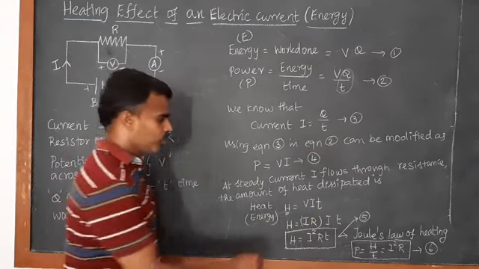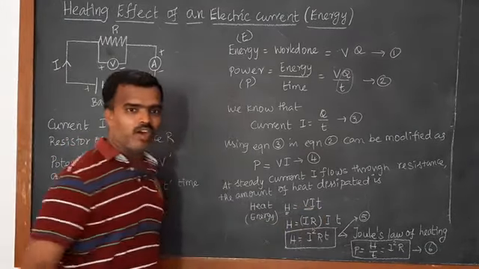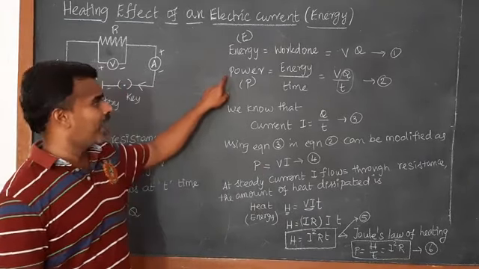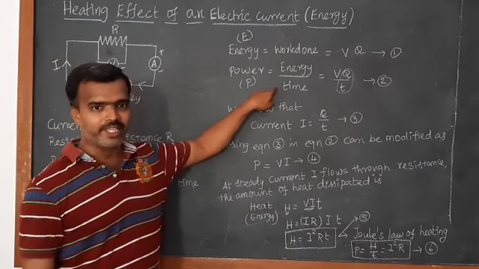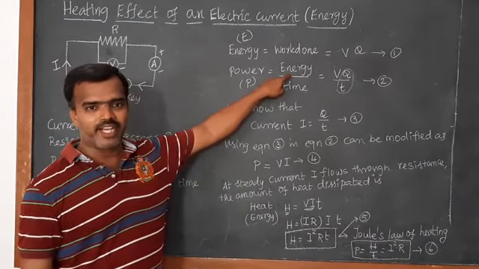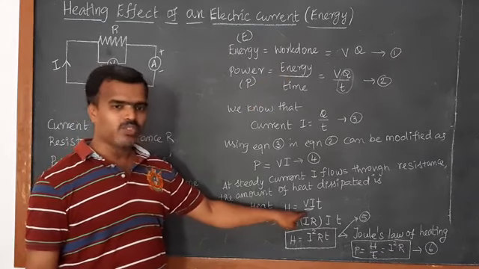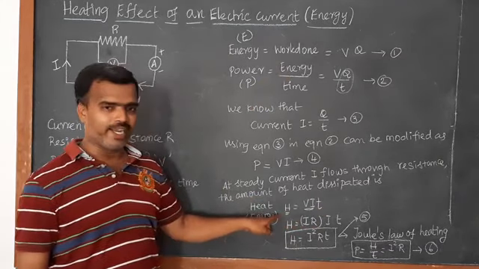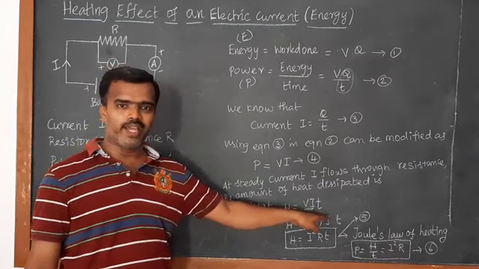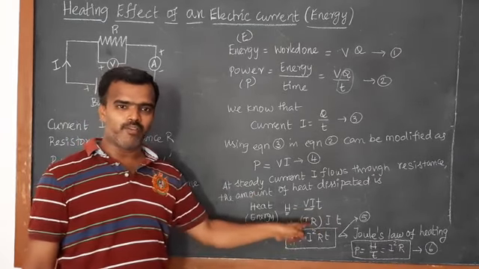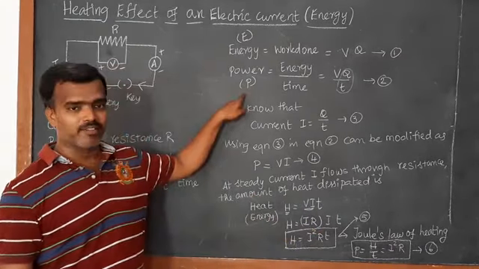Why do we do like that? Because VI is called power, and power is equal to energy by time. Therefore energy can be written as power into time. So power is VI, into time, gives energy. So H is equal to VIT.